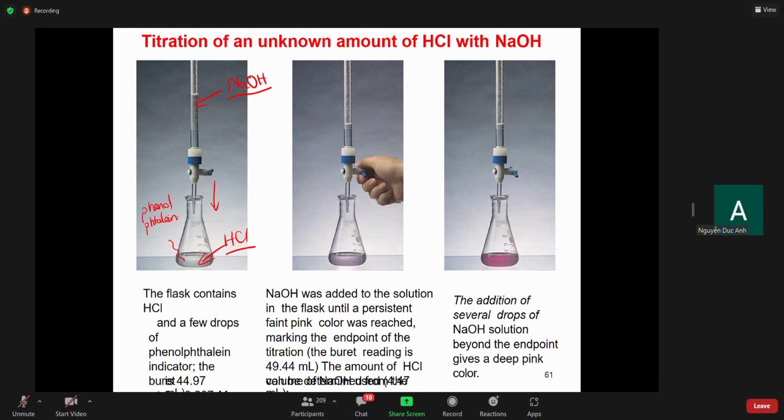So when the hydrochloric acid has reacted completely with the sodium hydroxide, the next drop of sodium hydroxide will move the solution from acidic to alkaline. And when the alkaline environment with pH bigger than 7 appears, the phenolphthalein will react and turn pink.